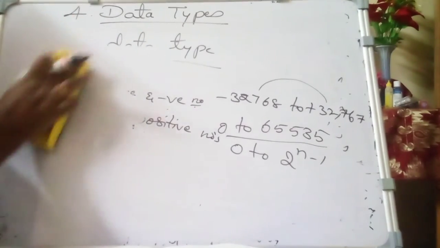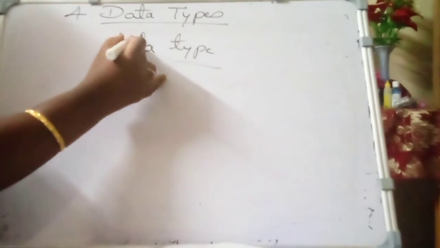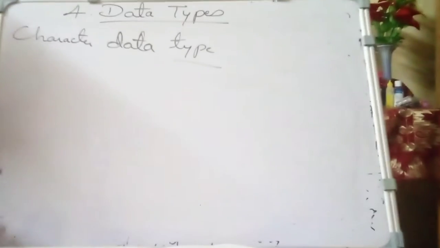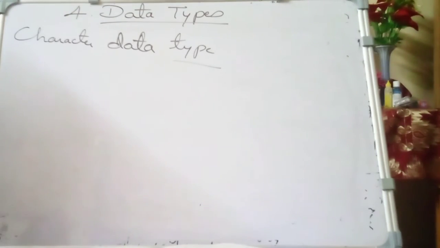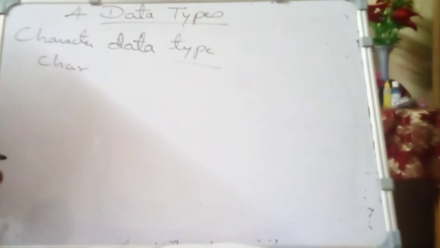So coming to the next kind of data type, that is the character data type. Suppose my program is having a character data type. Character data type is represented with the keyword char. So here we use the keyword char to represent the character type.